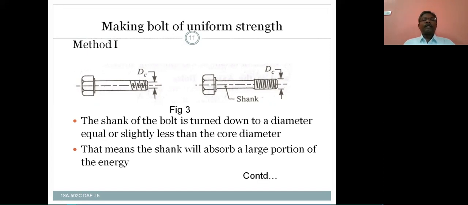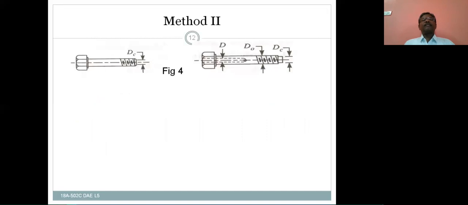Right? So next method, let us see. This is method two. In method 1, we reduced the shank diameter by turning down. Now, in the second method, the head, shank and threaded portion are the same as in the previous, and the shank is equal to the nominal diameter.